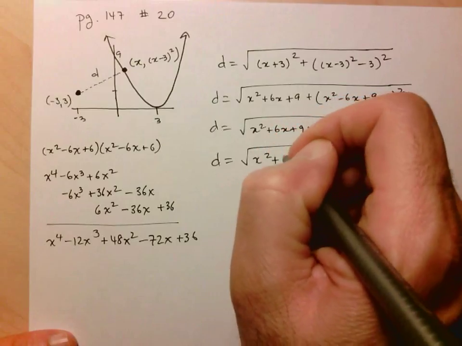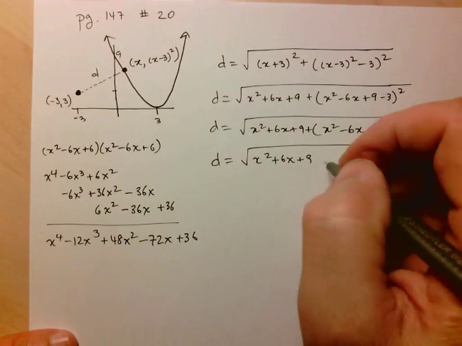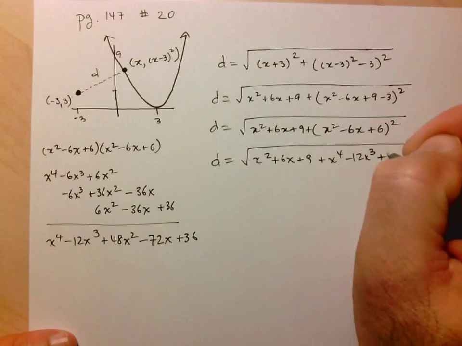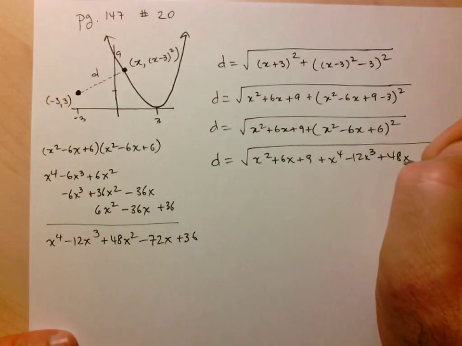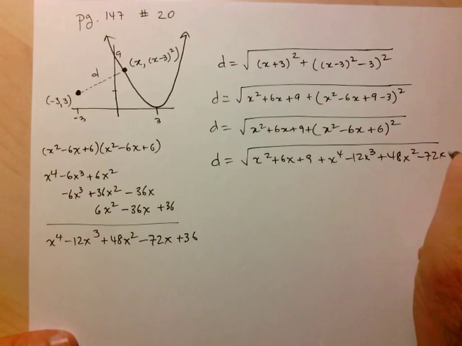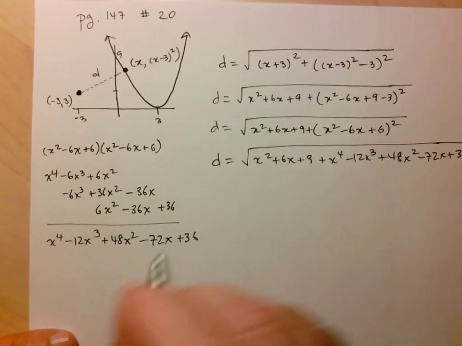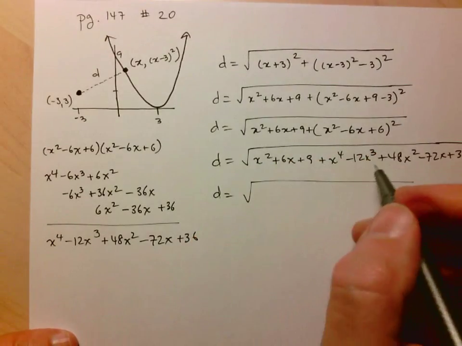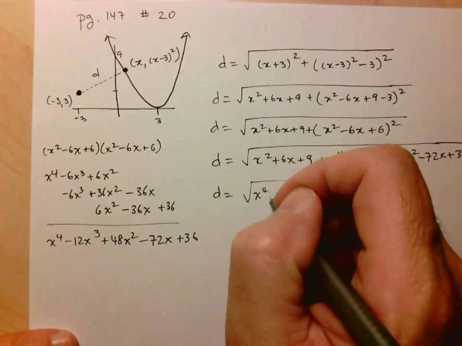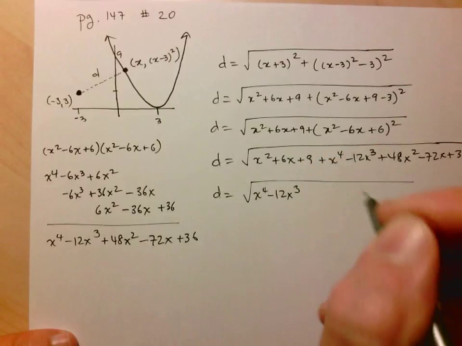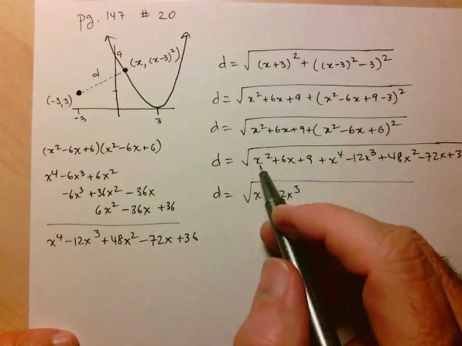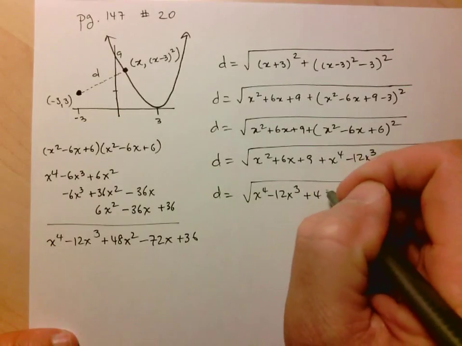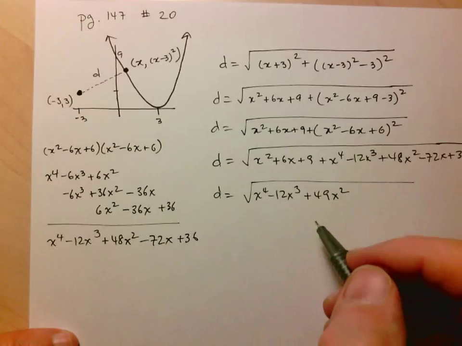We have x squared plus 6x plus 9 plus x to the 4th minus 12x cubed plus 48x squared minus 72x plus 36. So d is equal to x to the 4th minus 12x cubed. Now we've got x squared plus 48x squared, so plus 49x squared.